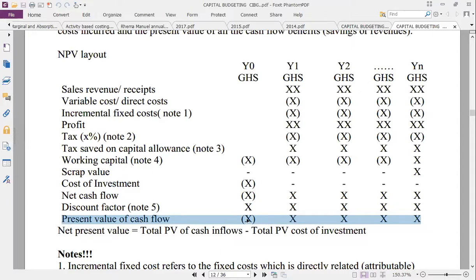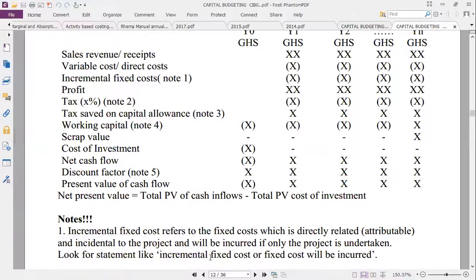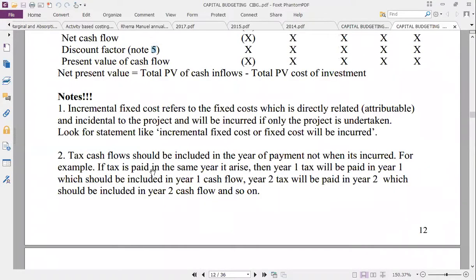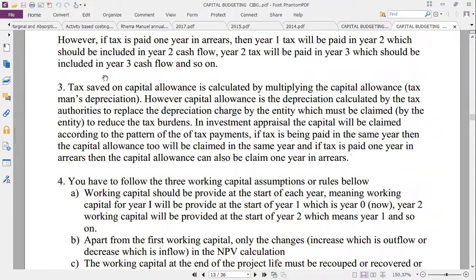So the NPV starts from negative here, plus all these ones, then you are done. This one is note 4 and note 5. All of them are notes to it, so you'll be fine.